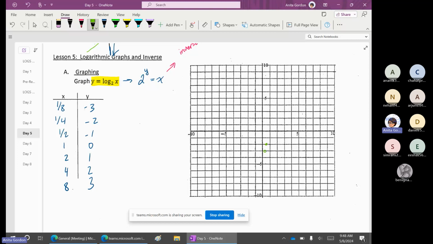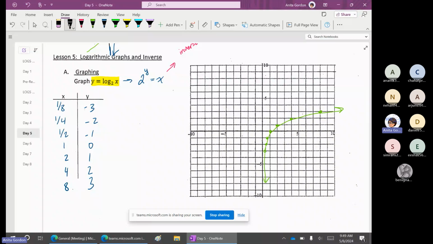And 1/2 is -1. 1 is 0. 2 is 1. 4 is 2. And 8 is 3, somewhere over here. So we end up with a graph that looks like this.